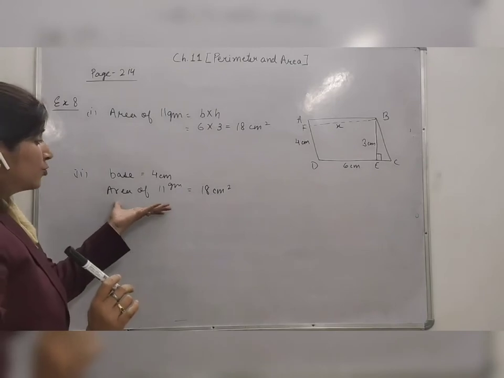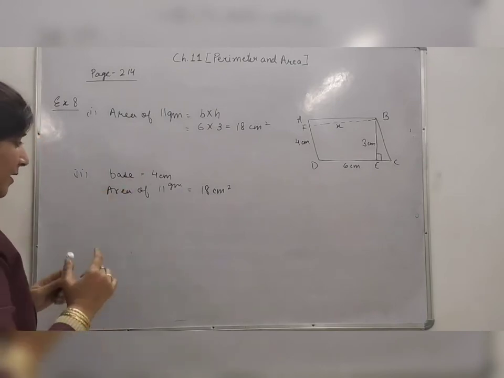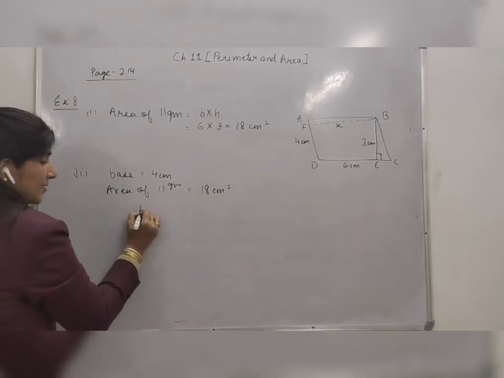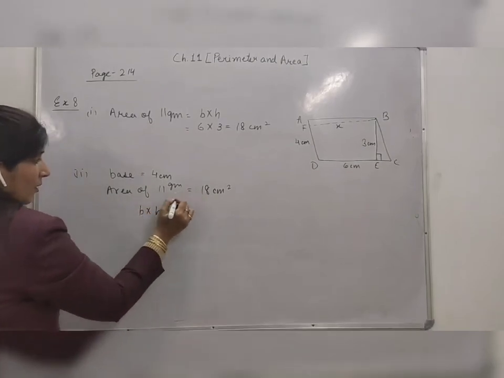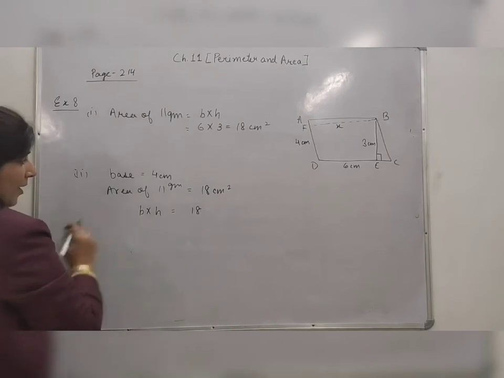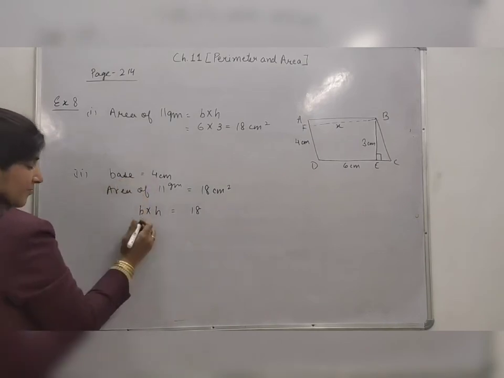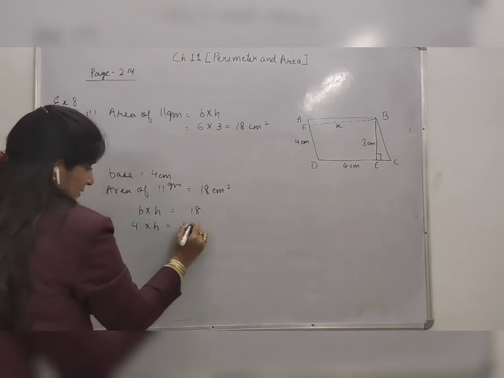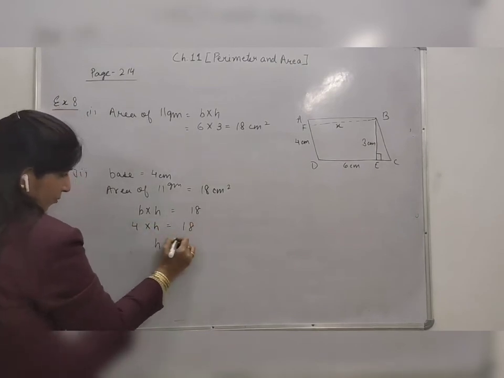So we can use the area to find the height. Area formula is base into height, that is 18. Base is 4 centimeter, so what will be the height in this case?